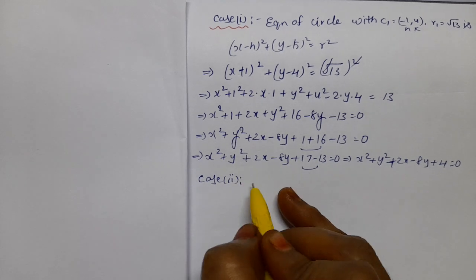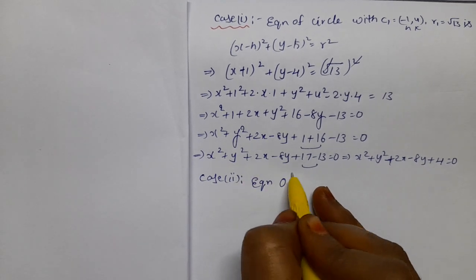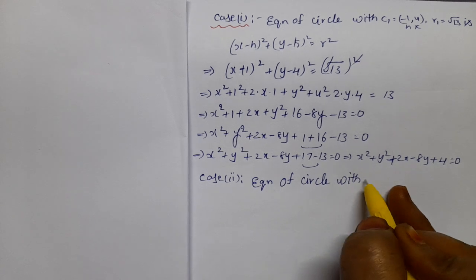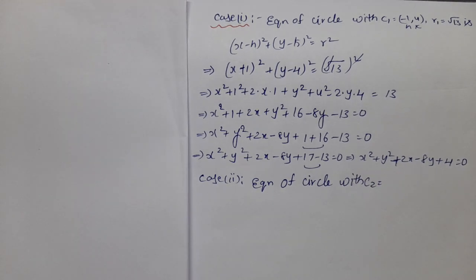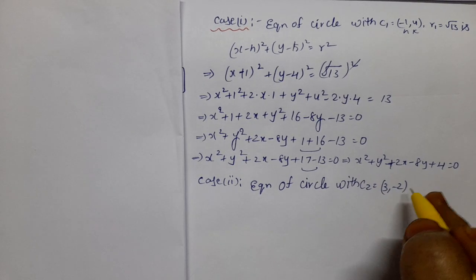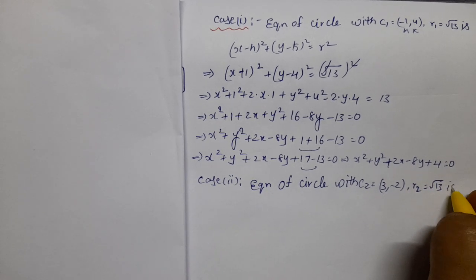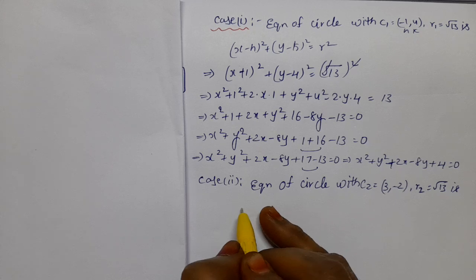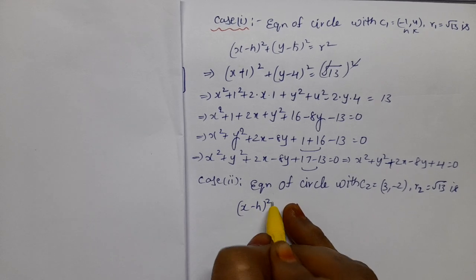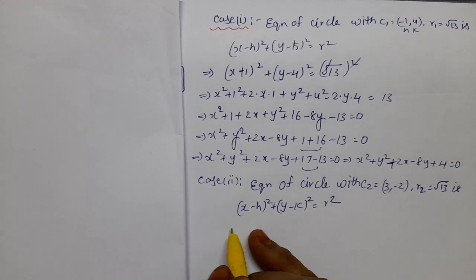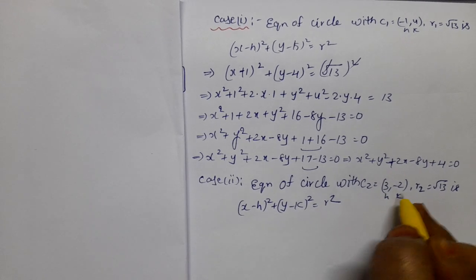Case 2. Equation of the circle with the second center (3, minus 2) and radius root 13. Here also using the formula (x minus h) whole square plus (y minus k) whole square equal to r square. Here (h, k) is the center.